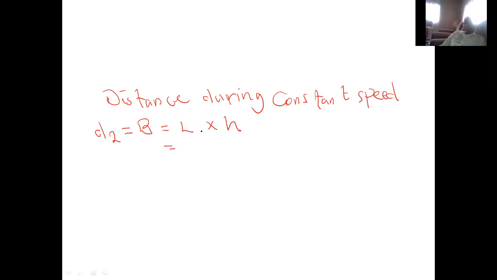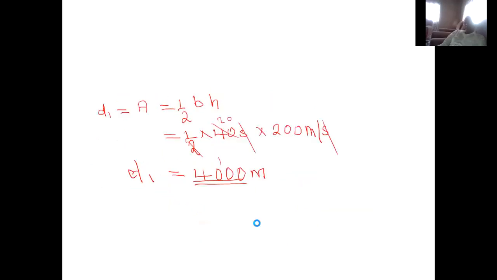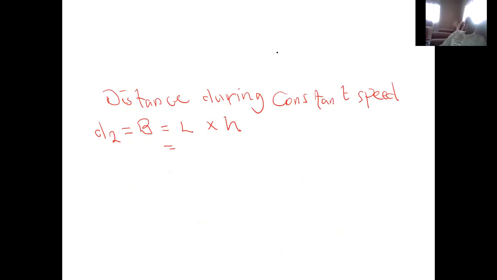And the length here is the distance from 40 seconds to 220. So if we subtract 220 minus 40, it gives us 180. So our length is 180 seconds multiplied by our height, which is 200 meters per second.